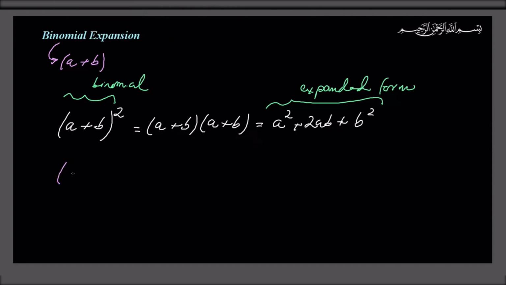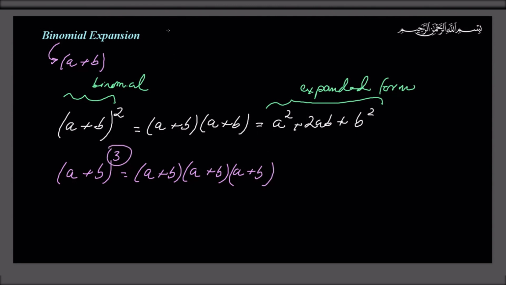For example, if we have a plus b to the third, this is the factored form, and if we wanted to write this in the expanded form, we would multiply this out as follows: a plus b times the quantity a plus b times the quantity a plus b, 3 times, because it's a plus b to the power of 3. So that's what we're going to do today.